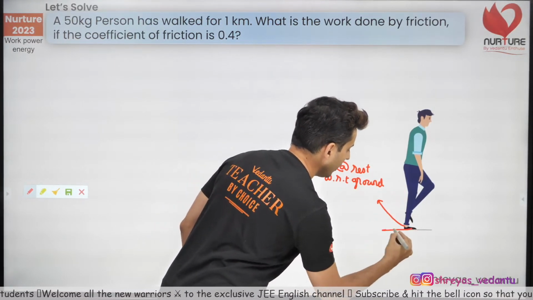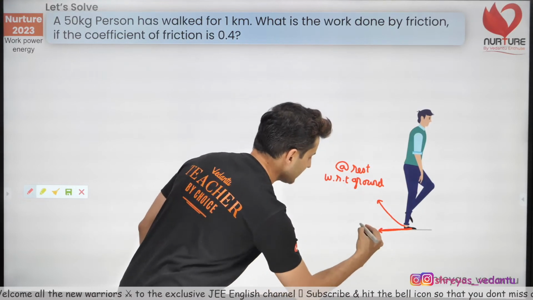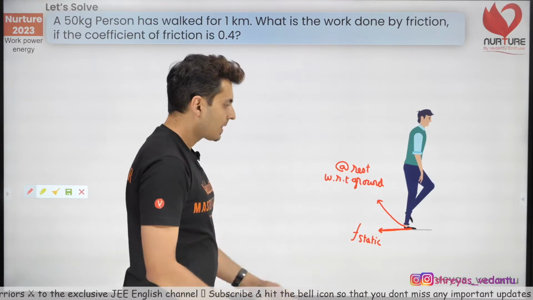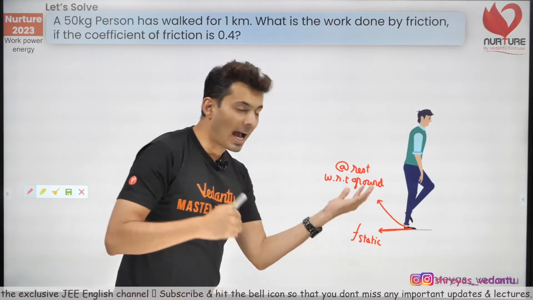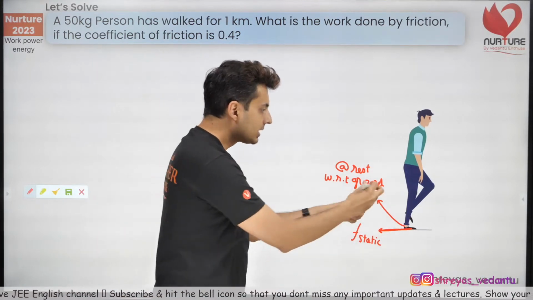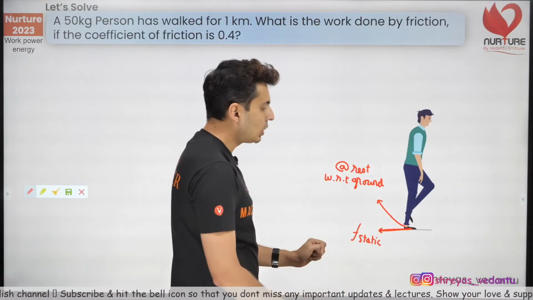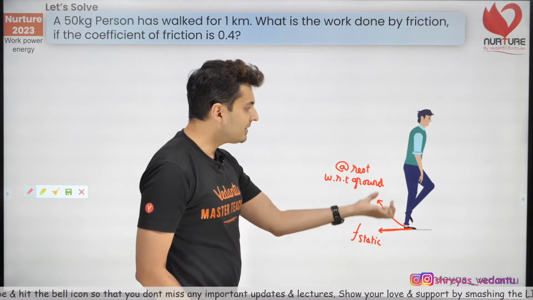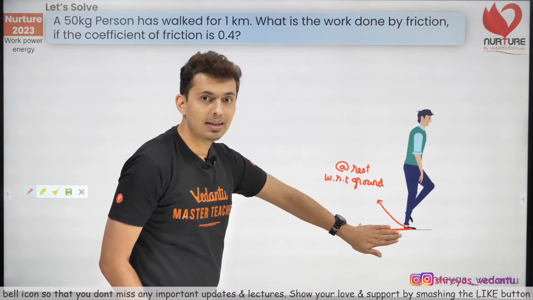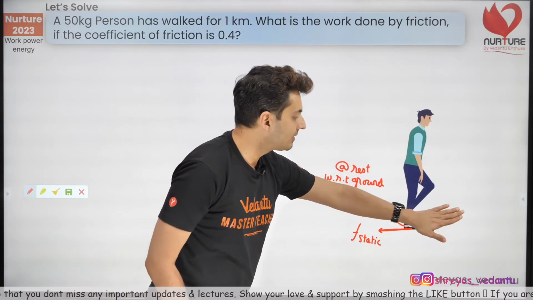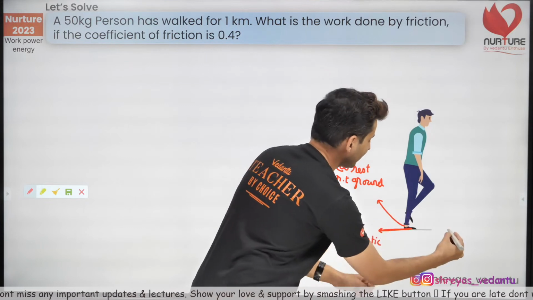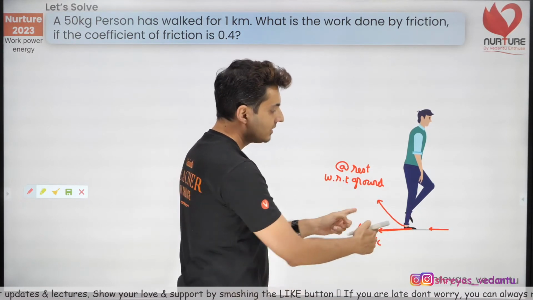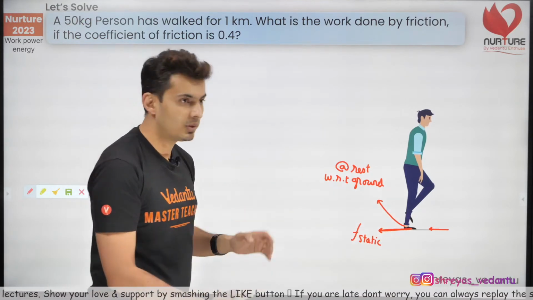So, if at all this friction acts, it will be static friction. The force keeps acting on the leg till he puts his next leg on the ground, and then he removes this foot. Once he removes the foot, this friction will disappear. Next, the friction will come on the next foot, but that friction will stay there. It won't move. Just like this friction never moved.